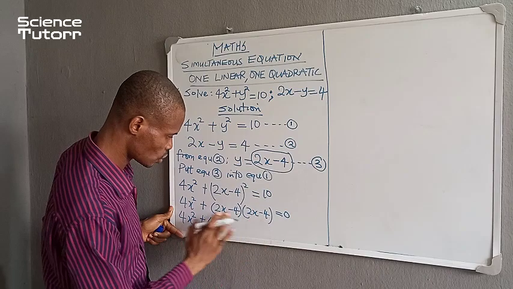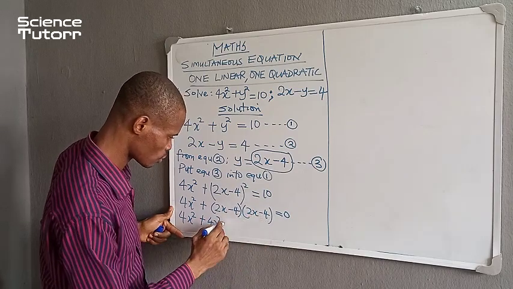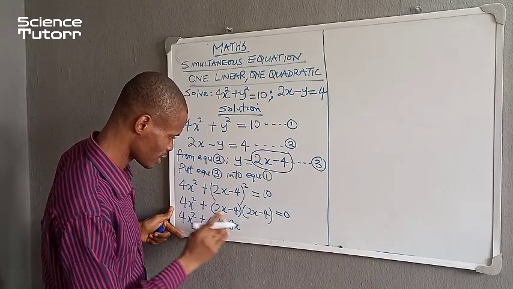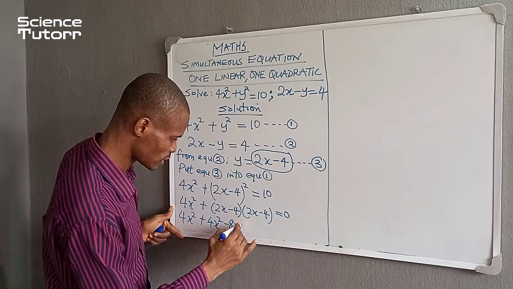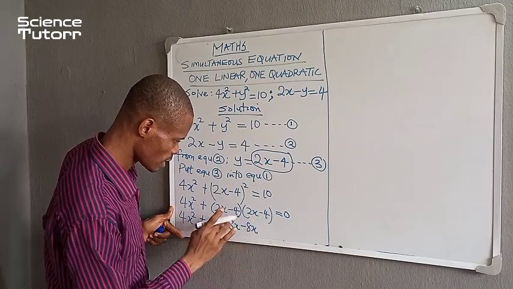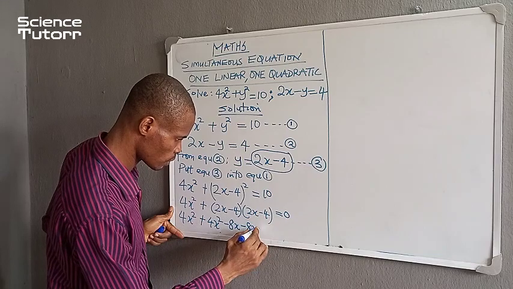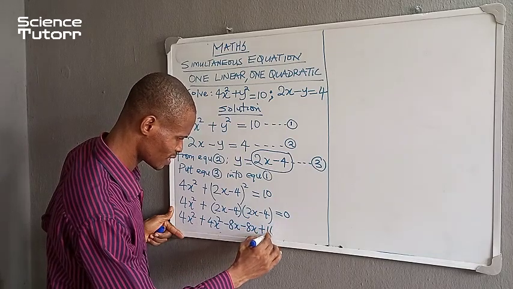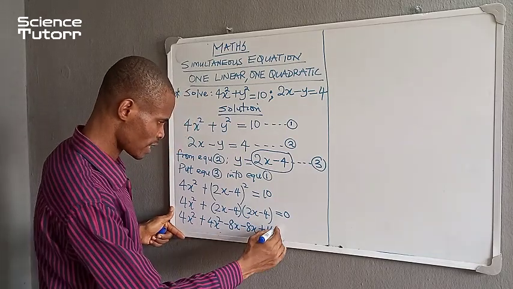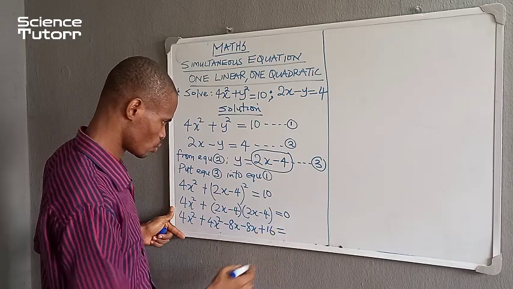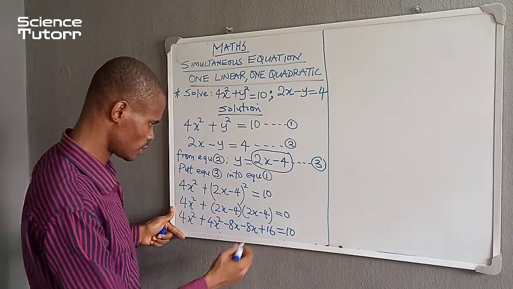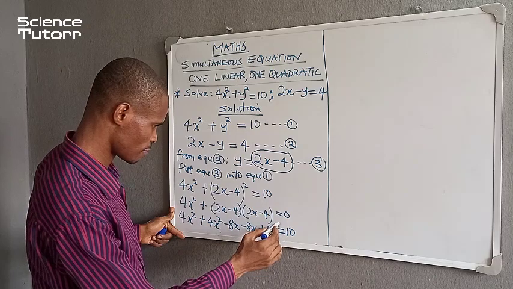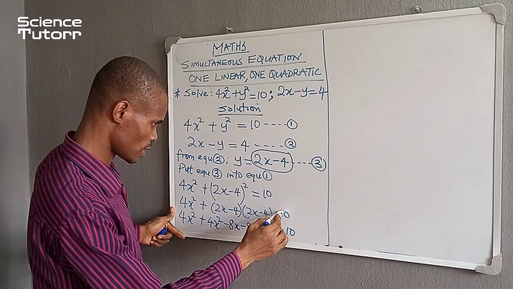This multiplies this, 2x times minus 4 gives us minus 8x. Minus 4 times 2x gives us minus 8x. Minus 4 times minus 4 gives us a plus 16. And that is equal to 10. This is 10, not 0.